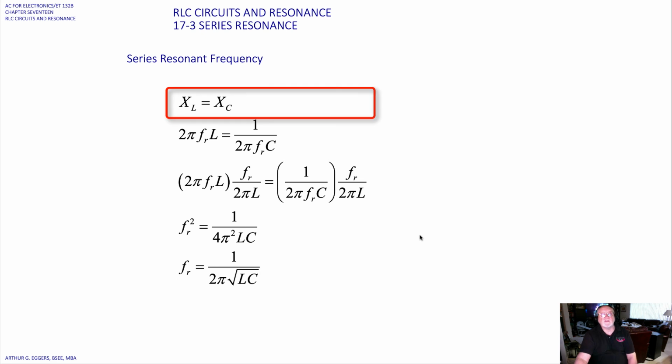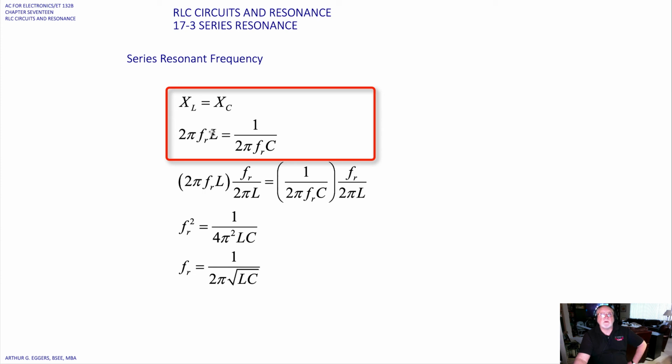So at resonance frequency, X sub L equals X sub C. If we take our two relationships and set them equal to each other, inductive reactance on the left, capacitive reactance on the right, and we start combining and simplifying, we end up with 2 pi f L. Move our terms around so that we have the frequency and the 2 pi in the denominator.